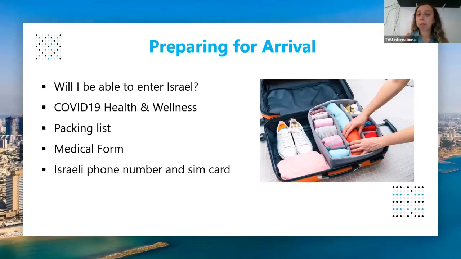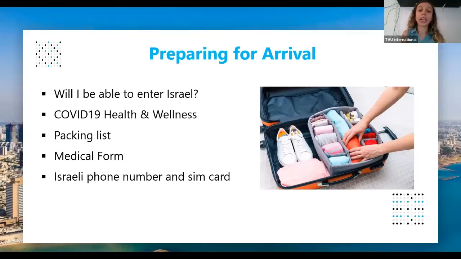It's for us to know if you have any special conditions while you're here, just to accommodate you better, and to know if there's anything that might prevent you from doing some activities. It's very important that we have this medical form.